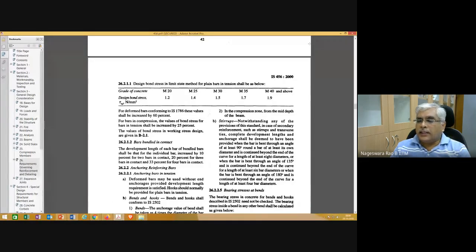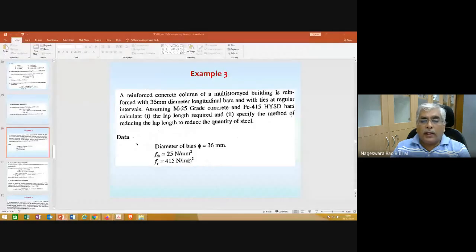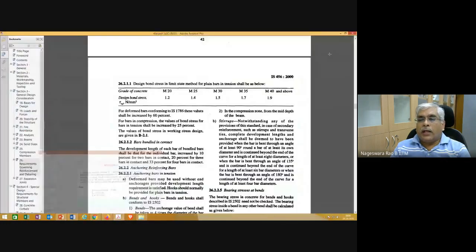And here it is a reinforced concrete column, so we can assume the bar is going to be in compression, and the bar is HYSD bar, and the grade of concrete is given as M25. So this is the tau BD value for plain bar in tension.